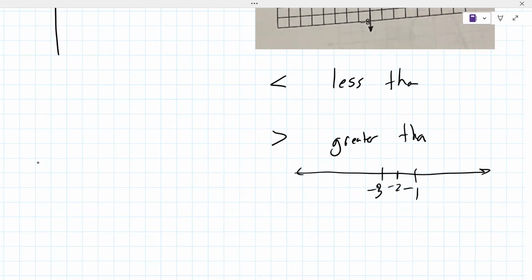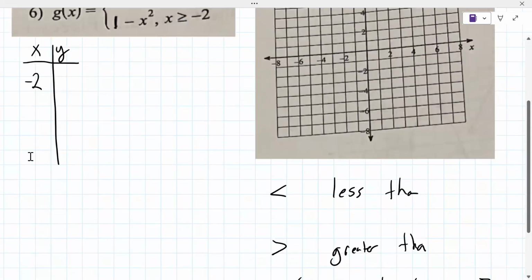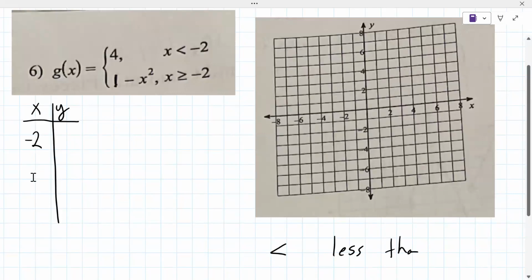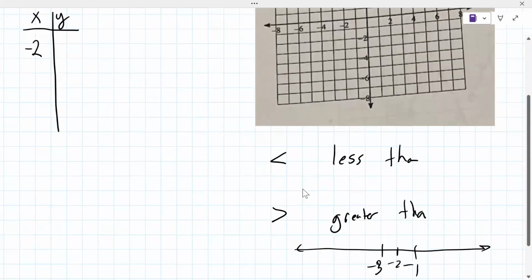So give me a number less than -2. Can it be a 0? Let's look at the number line one more time.